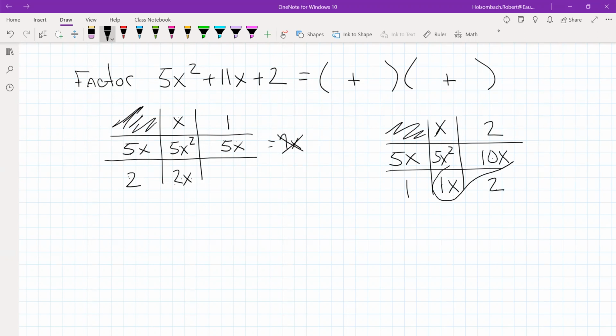And my 1x plus my 10x is equal to 11x. So the second rule works, and my 2 times my 1 equals 2, so my third rule works. So my factors are 5x plus 1 and x plus 2.